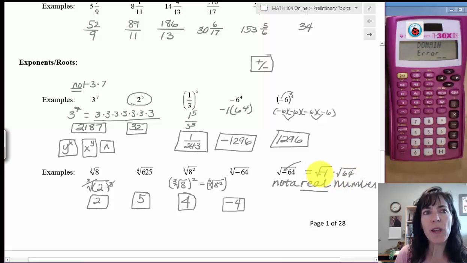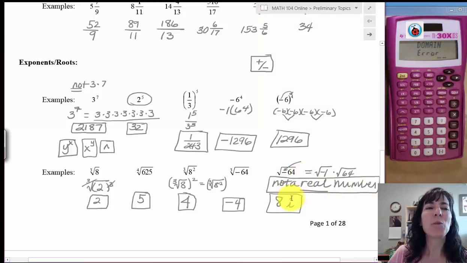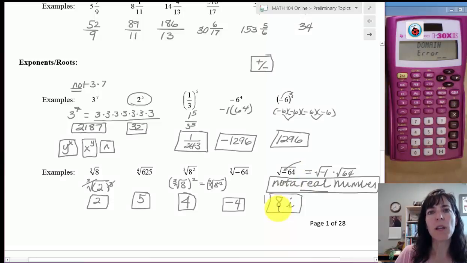And when we do that, the square root of negative 1 is i, and the square root of 64 is 8. So our result is 8i, or if we're restricting ourselves to just real numbers, which our calculator does, then we would say not a real number. So it depends on what we're doing with the numbers and whether we want our real results only or if we want complex results. So this one is a complex number.